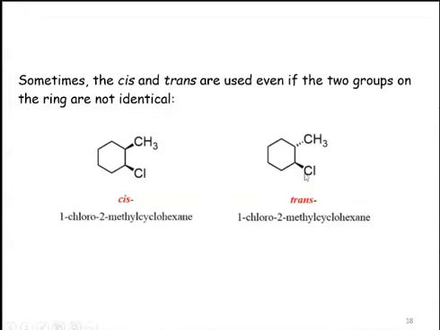If both the groups are the same and they lie on the same side, we call them cis isomer. However, even if they are different, based on the difference in the orientation of the functional groups or atoms attached to this carbon-carbon sigma bond, we can say whether the molecule is a cis isomer or a trans isomer.